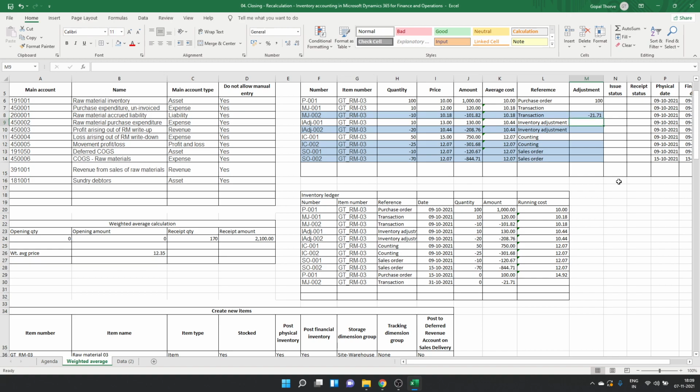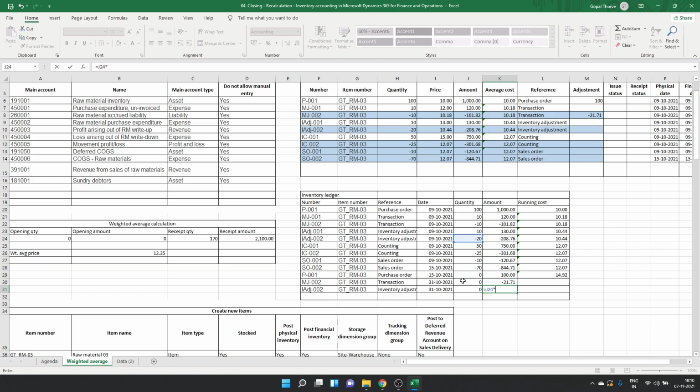Now let me copy this adjustment, inventory adjustment 2. The date will be my closing date, and quantity is 0 because no quantity adjustments are happening here. At the time of recalculation or inventory closing, only values are changed and no adjustment happens with any of the quantity.